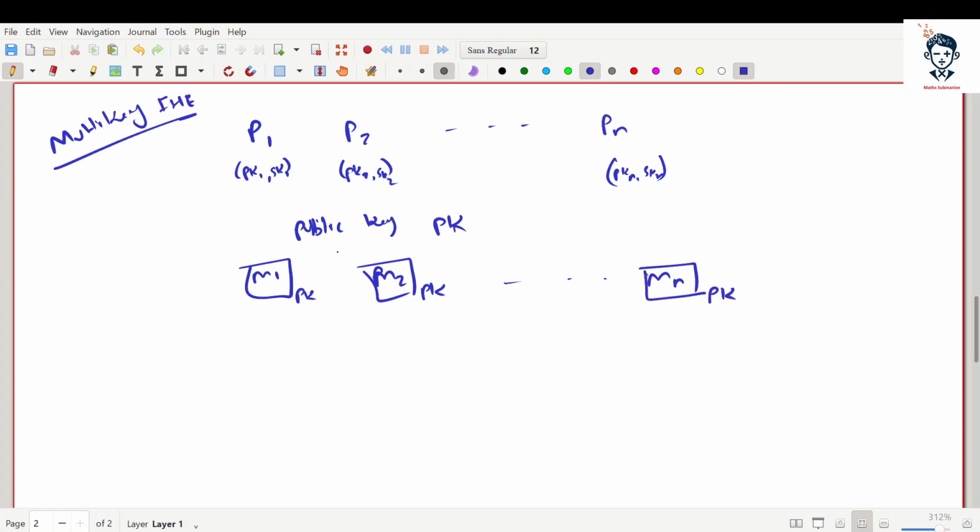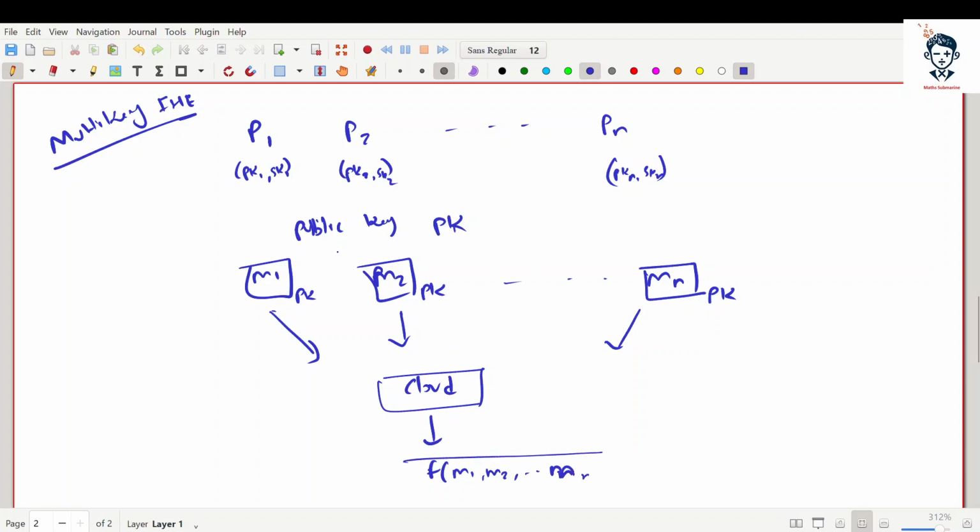Now they give this to the cloud. The cloud will compute the function they wanted to compute, and the result will again be encrypted with the PK.